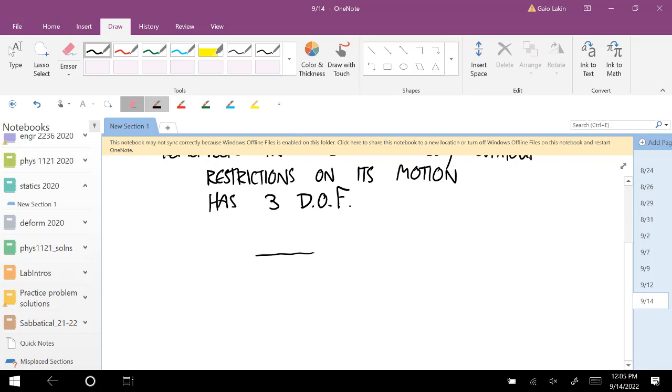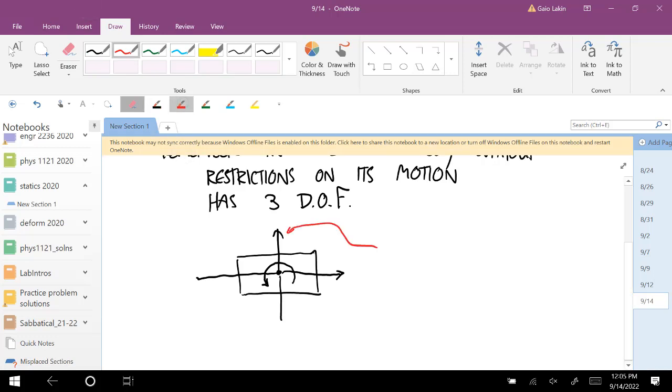So if this is the body, it can move along a line, along a perpendicular line, or it can rotate in the plane. Okay, so those are the 3. 2 of these are translational, and this one is rotational.